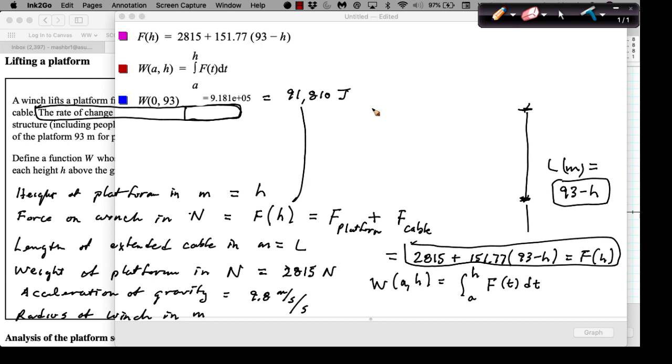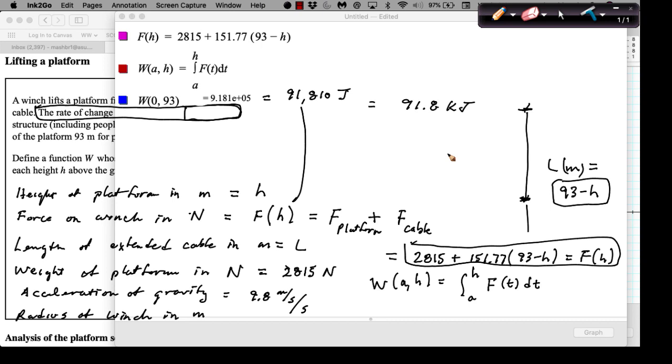This is a lot of work because it's an elevator lifting people and heavy cables, right? So we could also use kilojoules, like 91.8 kilojoules.